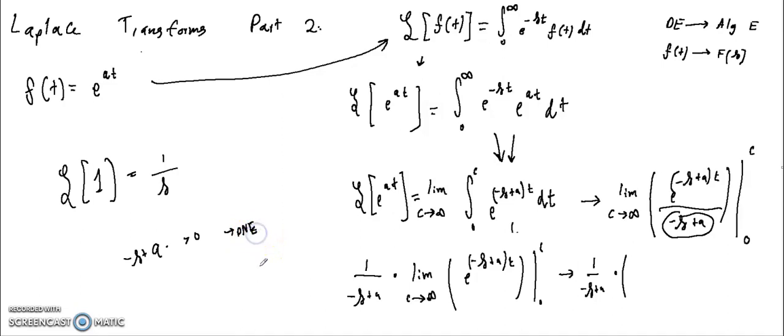It diverges. But if negative s plus a is less than 0, then it would be the same as e to the s plus a in the denominator. As this approaches infinity in the exponent, it gets closer and closer to 0, so it will converge. So we do get a solution. Happy face.